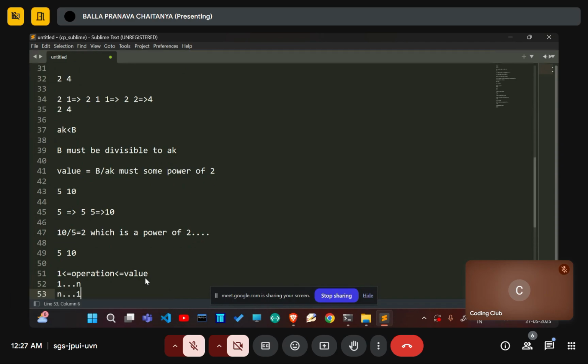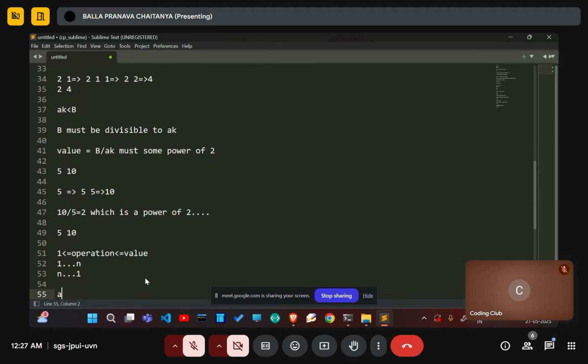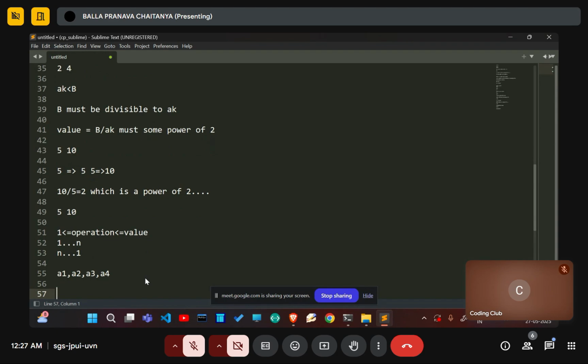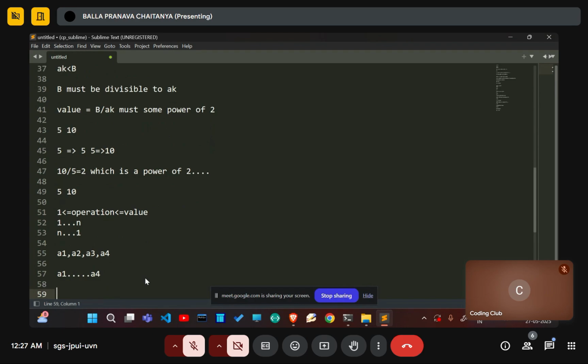Okay, fine. These are the only two cases we consider, but there is another case. Suppose we want to make an array a1, a2, a3, a4. First of all, we can start from a2 and go up till a4. This is one case. Then we can start from a3 this time. The starting element is really crucial here. We have to consider all the starting cases, and then we will build from the left prefix and the right suffix.